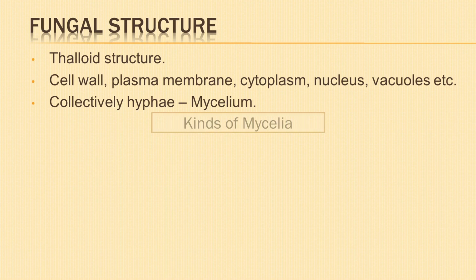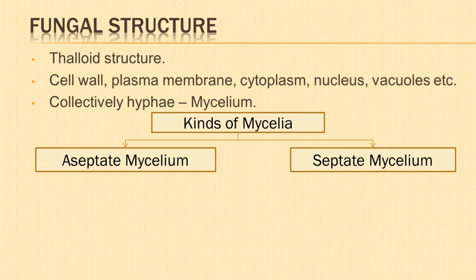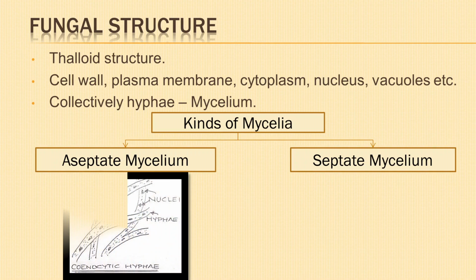Coming to kinds of mycelia, aseptate mycelium and septate mycelium. Aseptate mycelium: due to absence of partition or cross walls or septum, the hyphae becomes multinucleated and aseptate and is known as cenocytic.